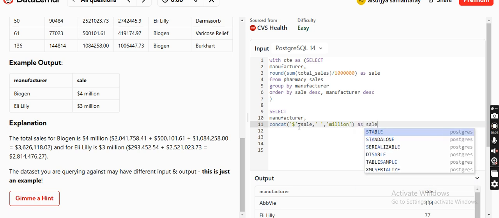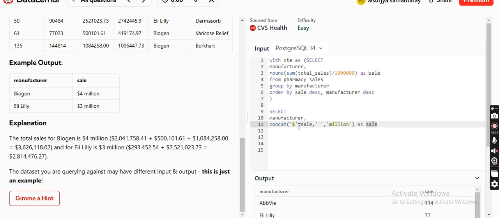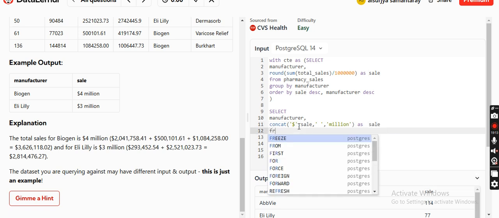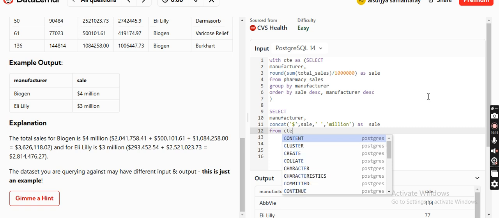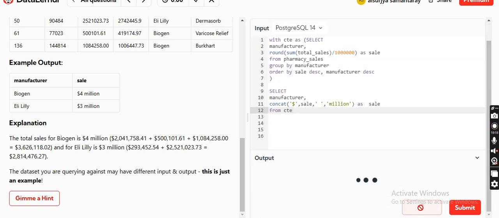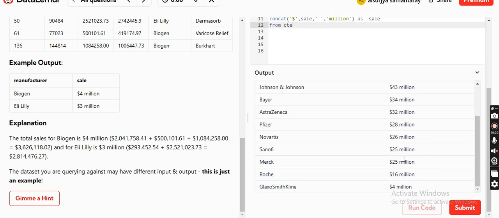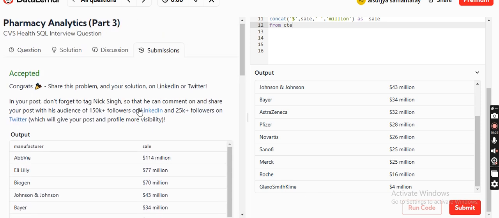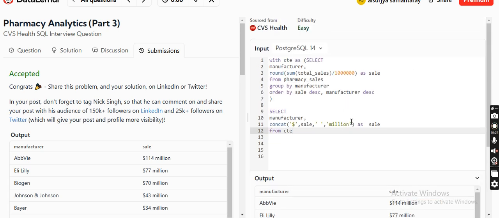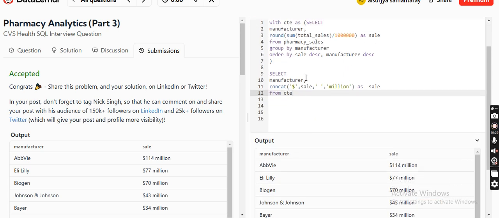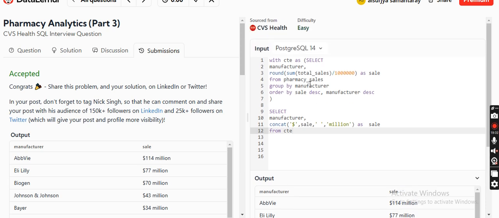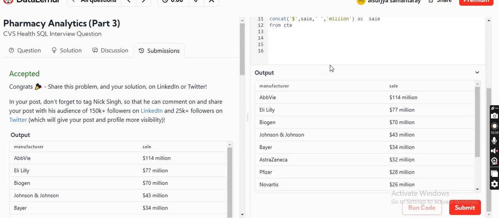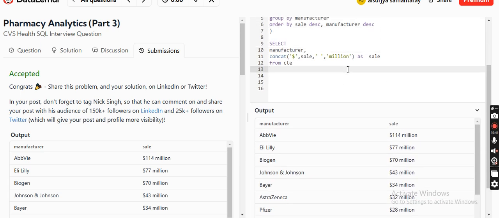Okay, as sale from CTE. Let's see. Right, guys, and let me just submit this part. Okay, it has worked now. So as I told you, like we can use the same type of query with a subquery as well. So let me just show you using a subquery. I will just do this part.